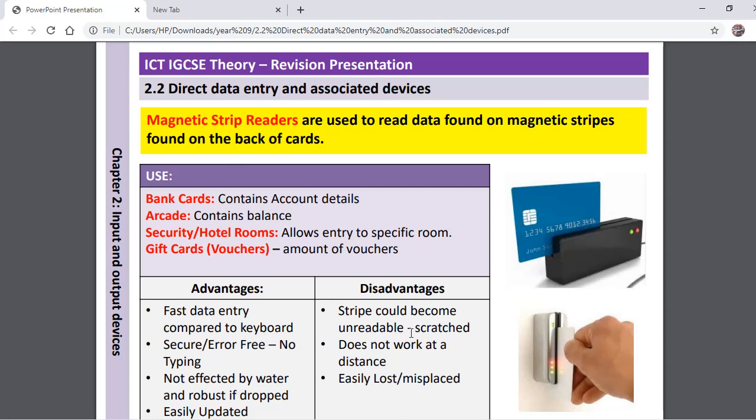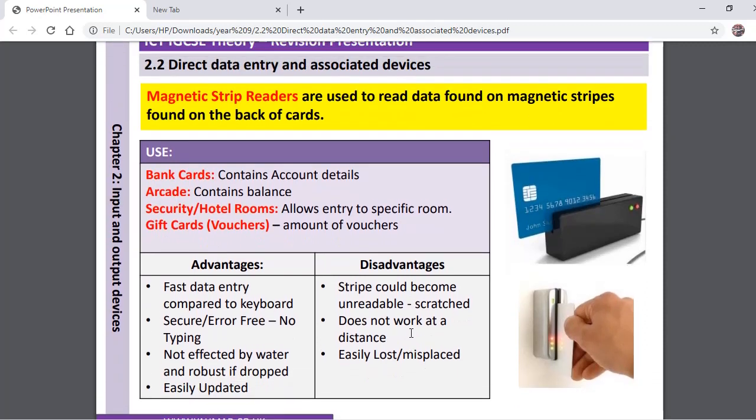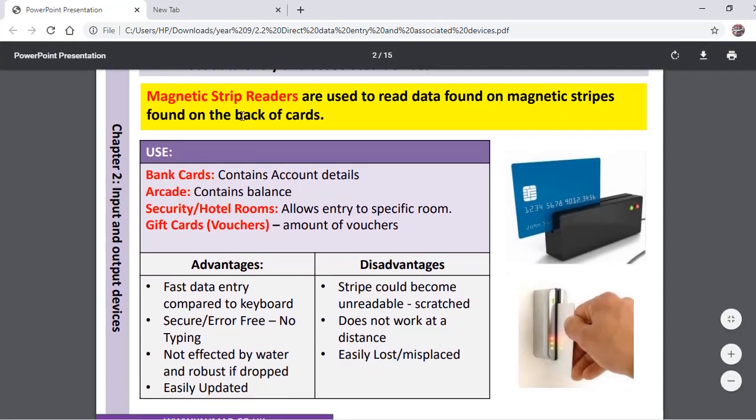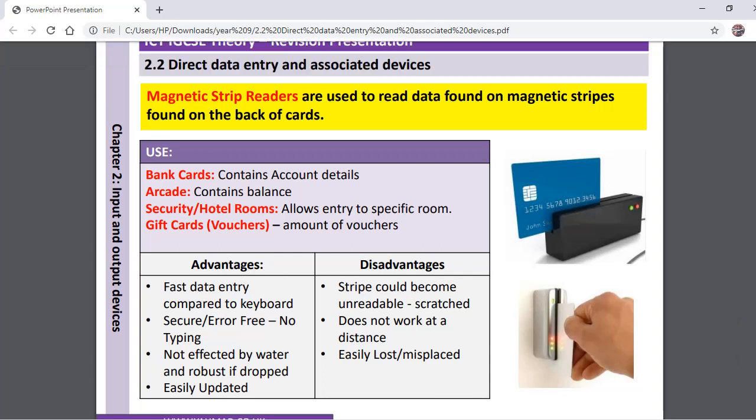Again, in this unit, you need to know the name of the device, okay, magnetic strip reader. You need to know the usage of the device. You need to know advantages and disadvantages of the device. Okay. We're going to start with magnetic strip readers.